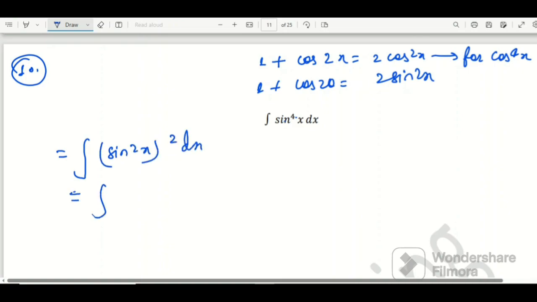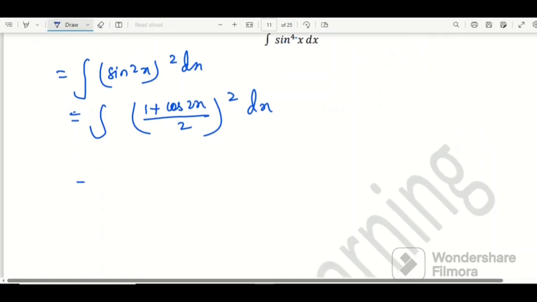Now I can easily replace sin square x by 1 minus cos 2x upon 2. I'll send 1 by 4 outside. So I'll have 1 plus cos square 2x plus 2 cos 2x, using a square plus b square plus 2ab.